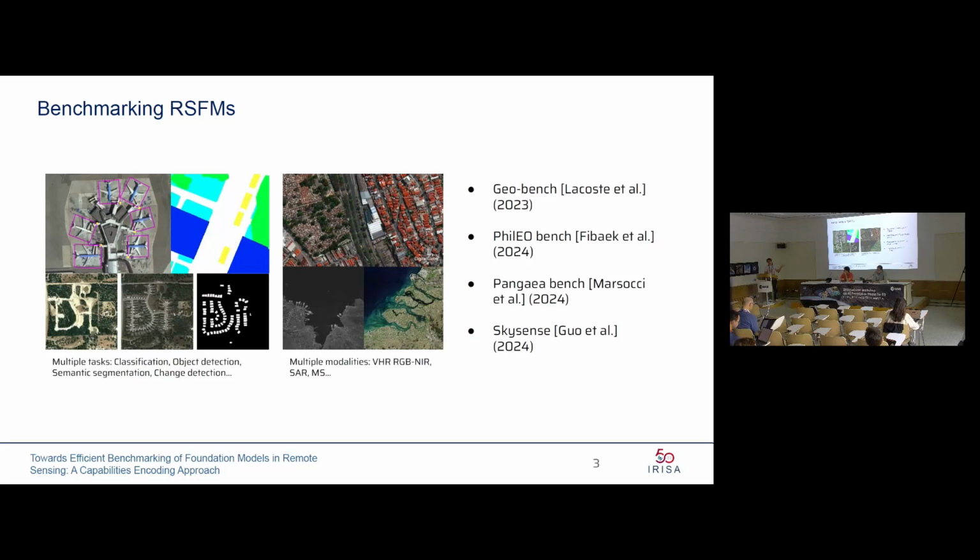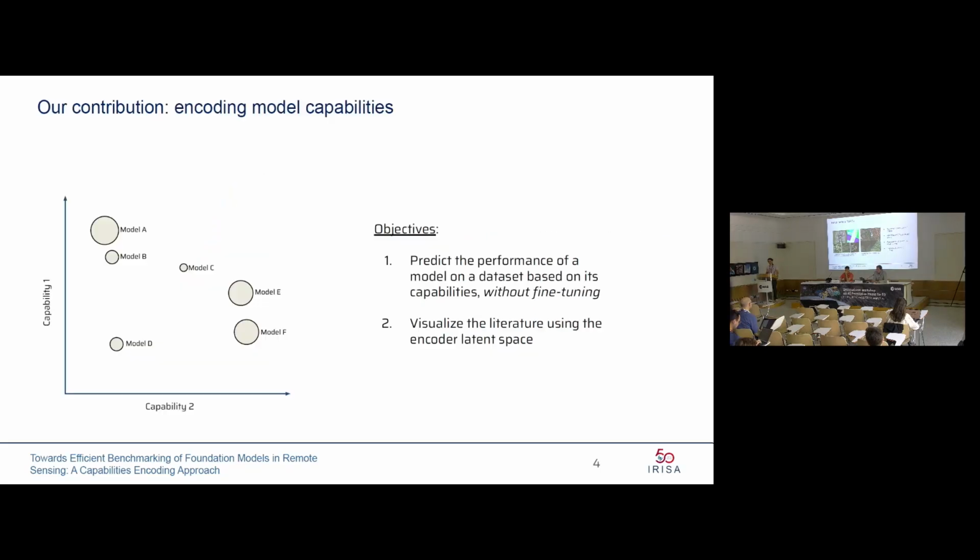So we have many tasks with different task types, such as object detection, classification, etc. And we have many modalities. And this approach is good because it allows for a well-rounded overview of the model's capabilities, but we cannot assess the model on every single available task. So we have to make concessions and put aside some tasks, because it's not possible to fine-tune every model on every single available task. And so that is what we decided to work on.